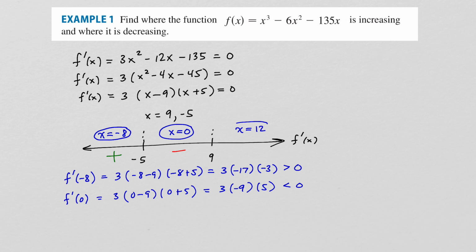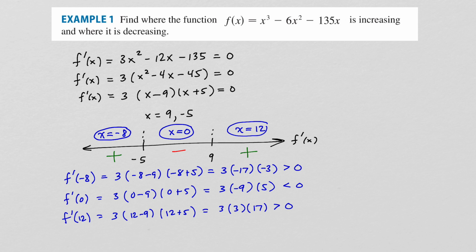And finally, when x equals 12, f prime of 12 will be 3 times 12 minus 9 times 12 plus 5, which is 3 times 3 times 17, and this is once again clearly positive.